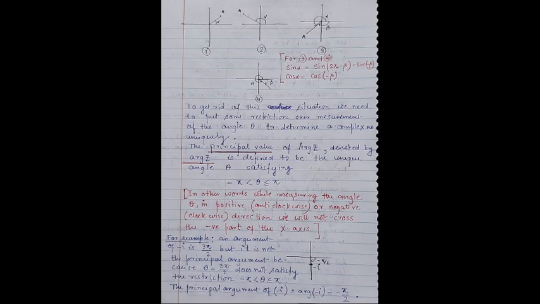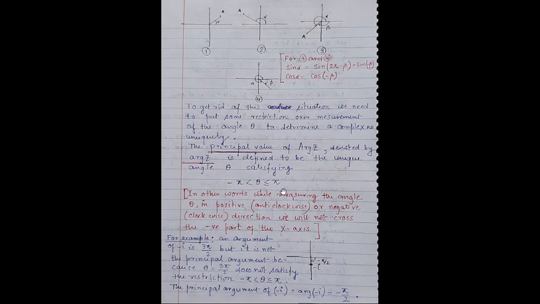So to get the principal value of ARG Z, that will be denoted by small arg, or if you write amplitude, you have to write AMP of Z with capital A for the general one, and in this case it will be amp of Z, amplitude with small a. That small a denotes the principal value, and to get a principal value we have to put a restriction on the measurement of theta.